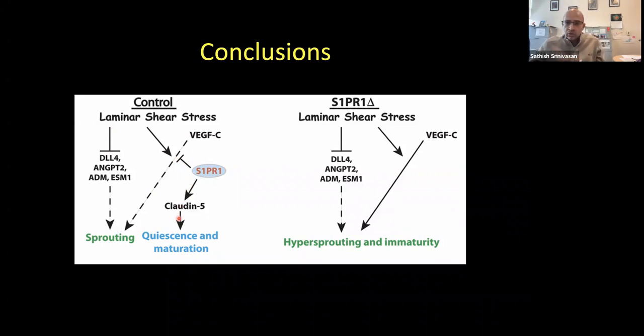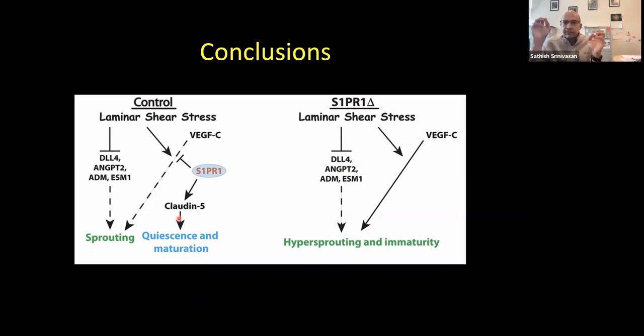endothelials. And I can go through this in a little more detail because the ERK MAP kinase pathway is known to be very important for quiescent endothelial cells. If you delete ERK1 and ERK2 from endothelial cells, the blood vessels will just completely disrupt.